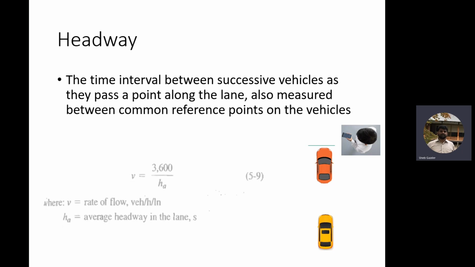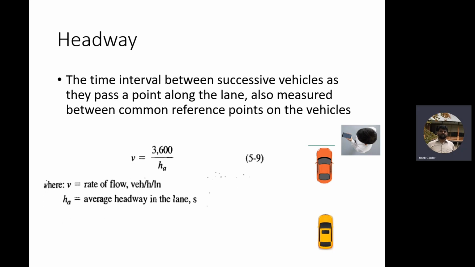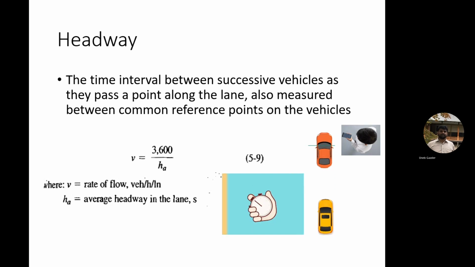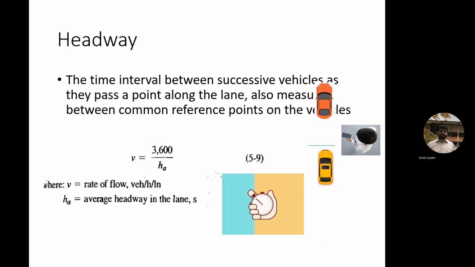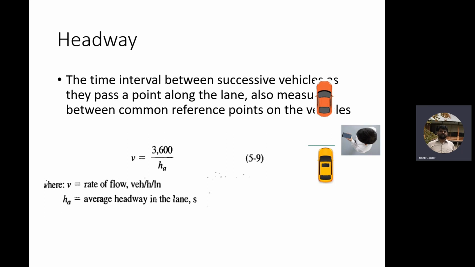So when the first vehicle passes, you will start your stopwatch and you will end it when the same point of the next vehicle reaches the observation point. Clear? Again, it is for the common reference. So we started the time when the front bumper passed.